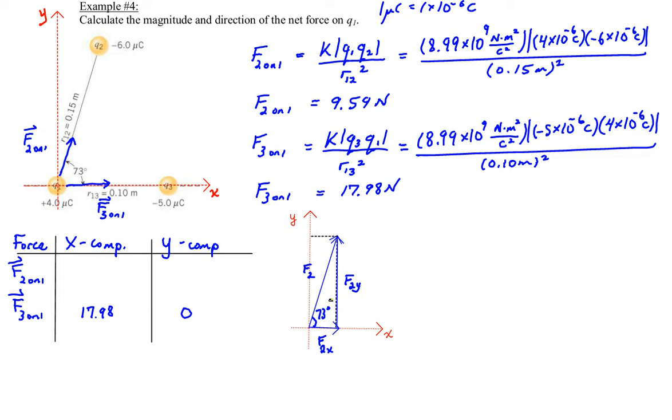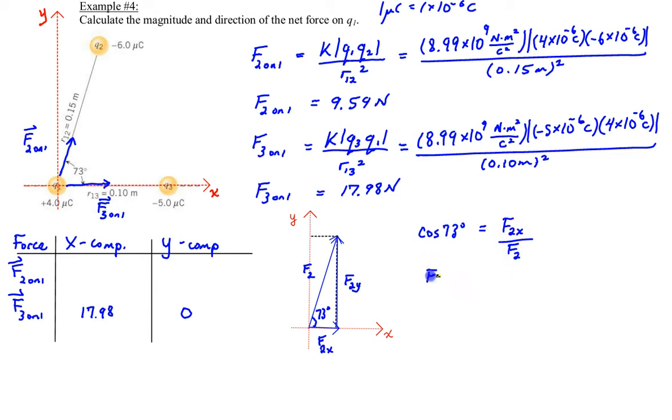Now we need to develop a trig ratio to find each of these, F2x and F2y. For the x component we want to use this side because we know it, that's 9.5 newtons, and we want to find the x component. Hopefully you realize the cosine of 73 degrees is the adjacent, which is F2x, divided by the hypotenuse F2.